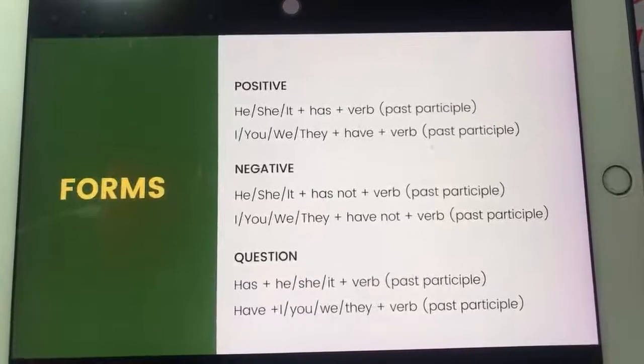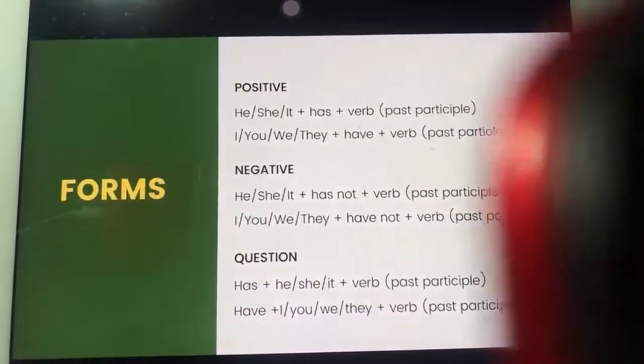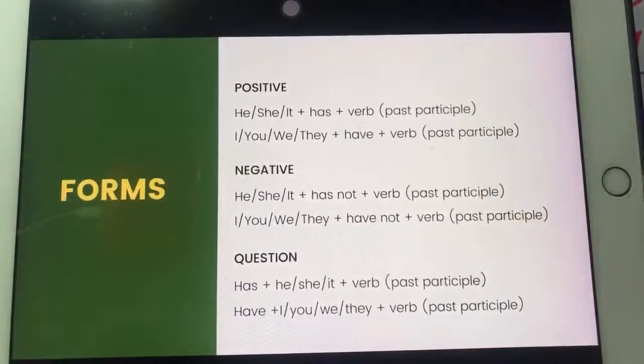Okay. The forms for the present perfect tense: we have positive, negative, and question. First, for the positive, you have he, she, it plus has plus verb. Now remember, the verb form here is the past participle, kakobunshi.